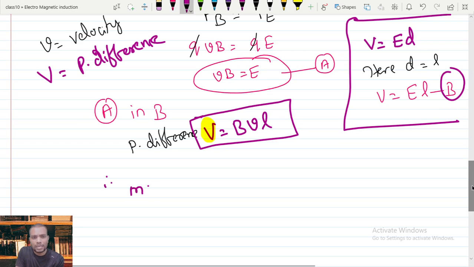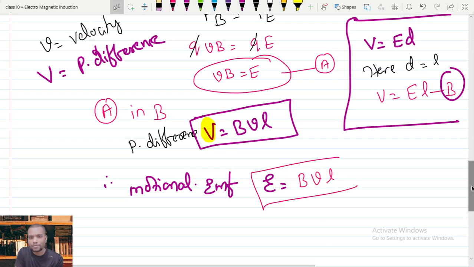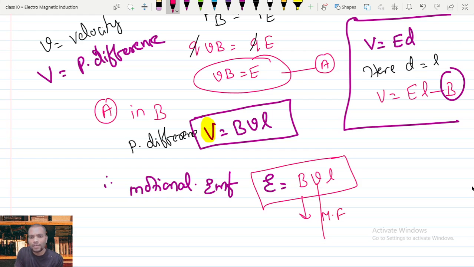Therefore motional EMF E equals Bvl. Here B is the strength of the magnetic field, v is the velocity and L is the length of the conductor.